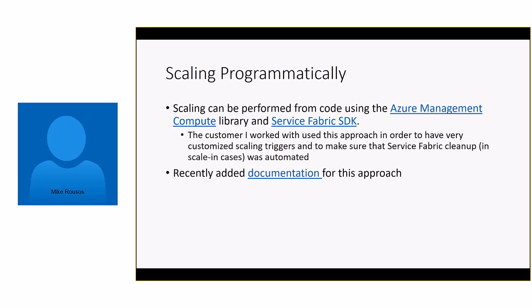So what we did was use some of our APIs in the Azure Management Compute Library. We have this fairly new Fluent Compute Library API, which can interact with VM scale sets programmatically. And we also use the Service Fabric SDK, the Fabric Client API, for interacting with the Service Fabric cluster.